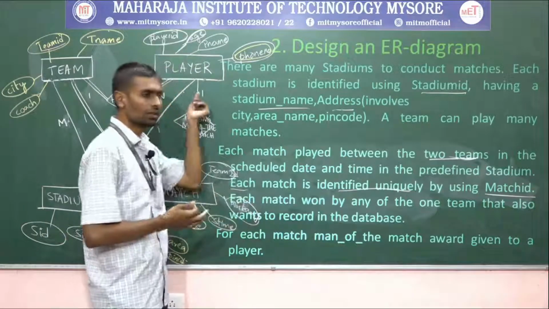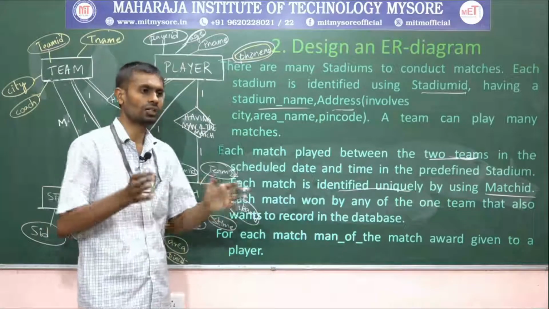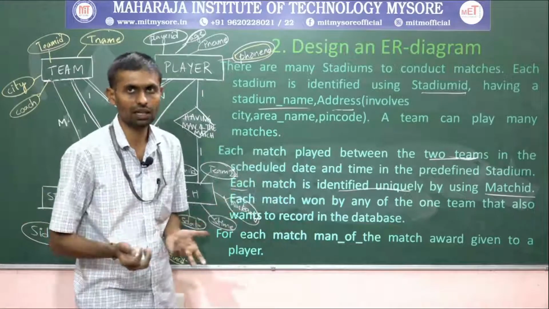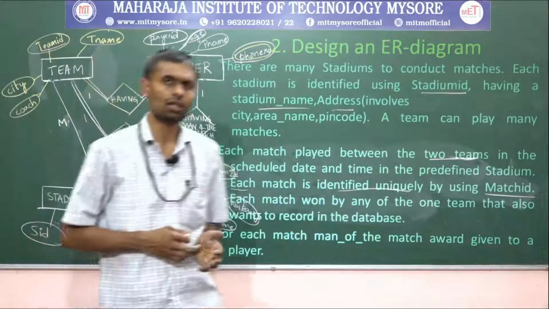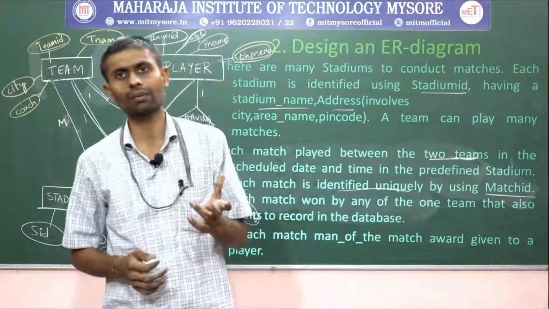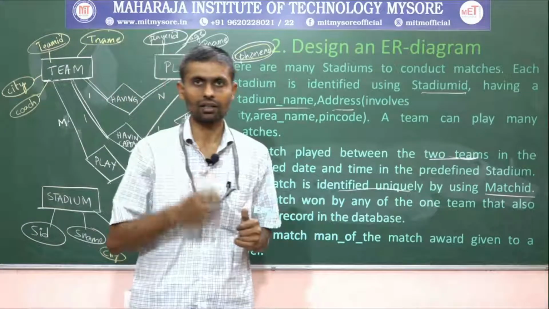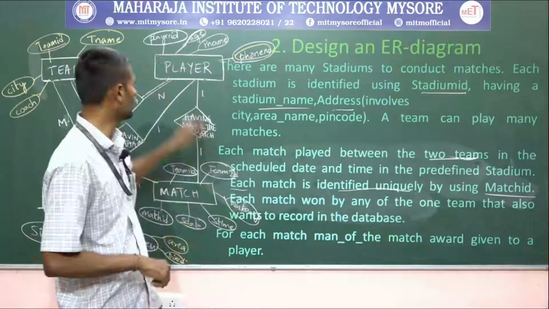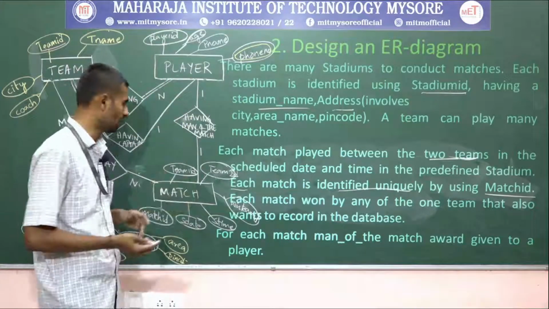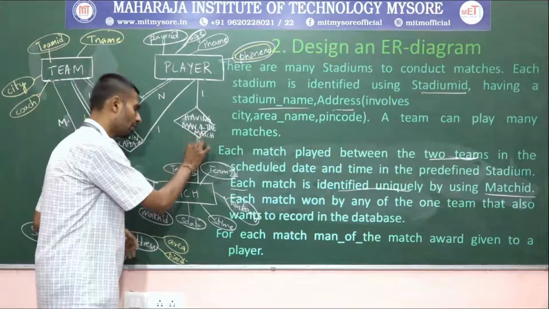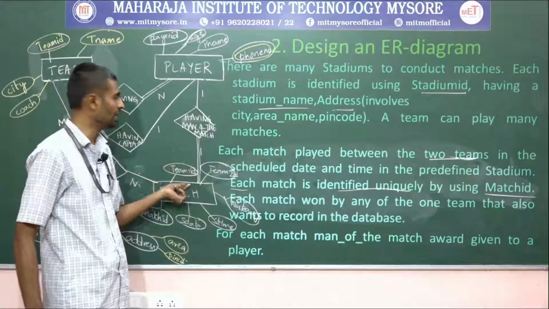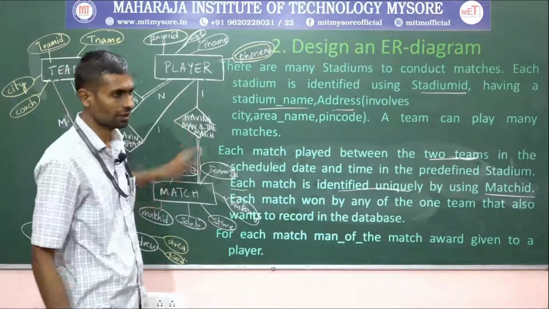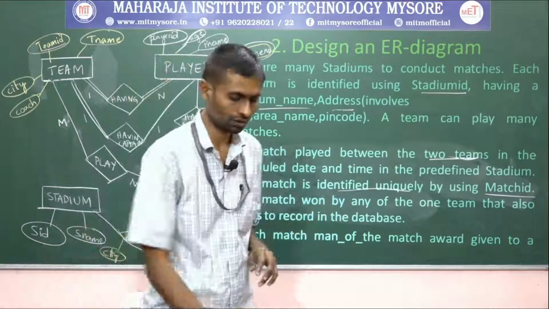The worst case is that all different 10 players might get this, or one can get 10 man of the match awards. Even then, we are left with 90 players who will not get even a single man of the match award. So it becomes what, guys? Partial participation. But every match has a man of the match award, so it becomes a total participation from match into player, right? With this relationship type having man of the match, right?